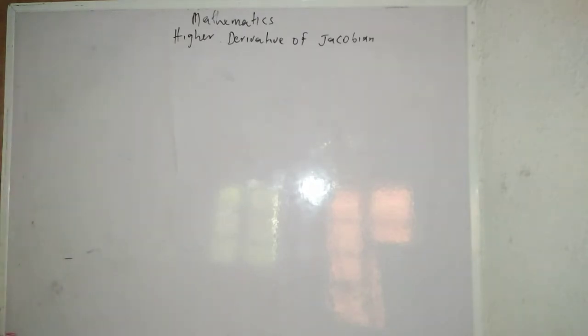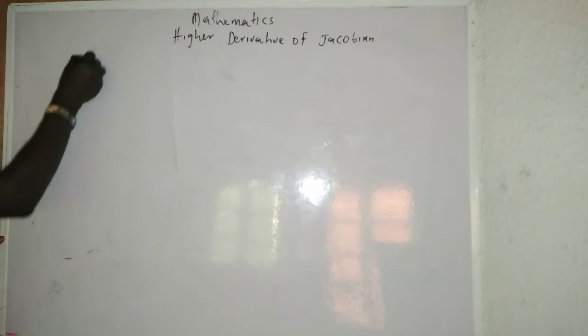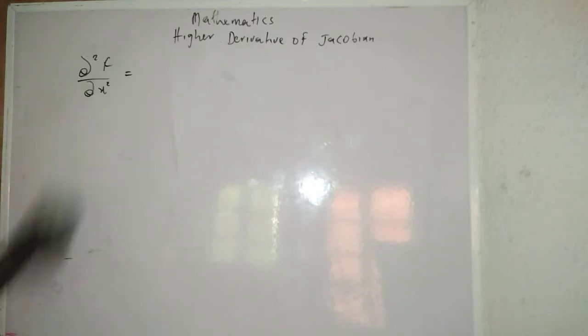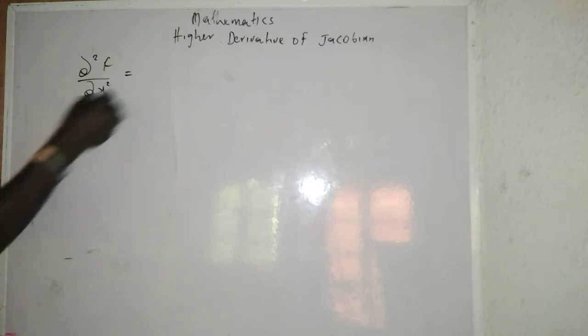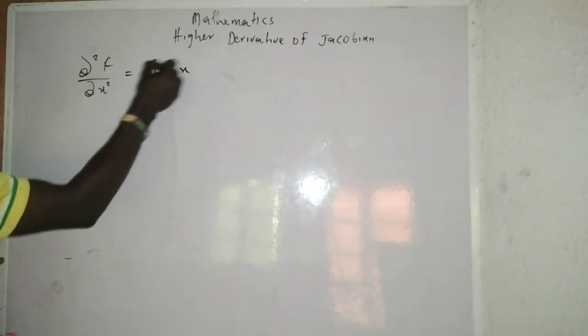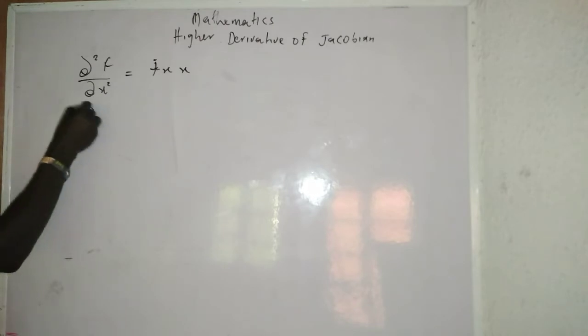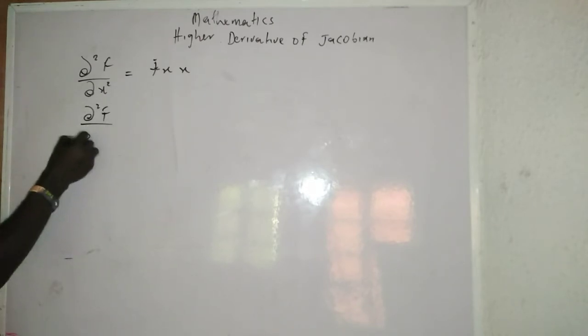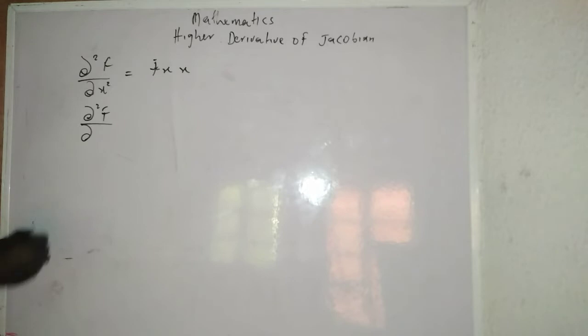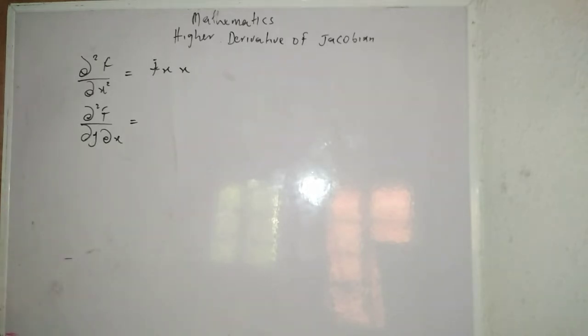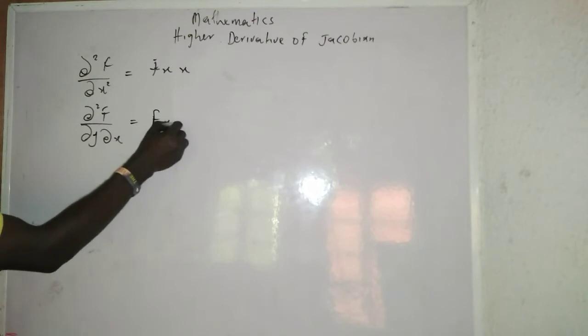For instance, if I have f squared of x, this is the same thing as f of x. Now, if I have f squared of y and also of x, this is the same thing as f of x and y.